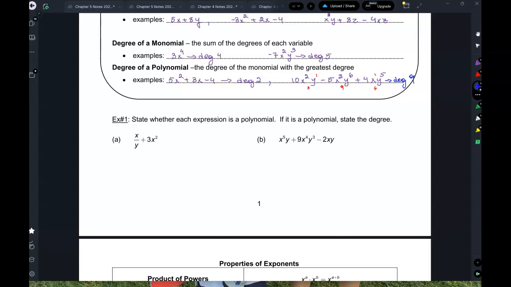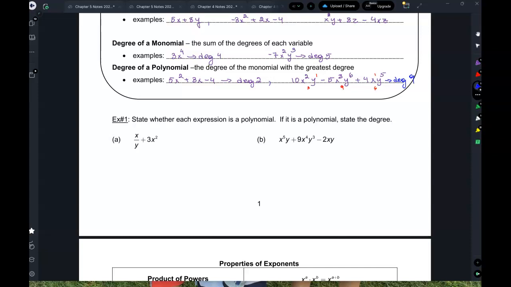Right? So here, for example, you have x squared y cubed. You add the 2 and the 3 to get a 5. That's the degree. So here, 3 plus 6 is 9. Yeah? So you only add together those two?